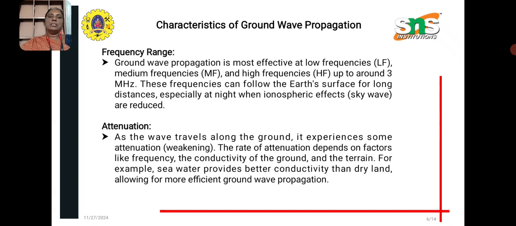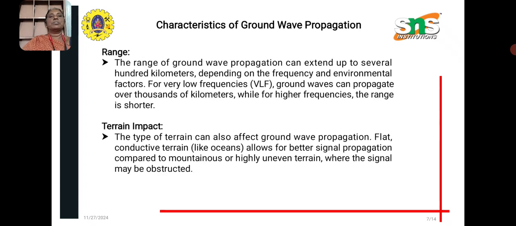Second, attenuation. As the wave travels along the ground, it experiences some attenuation. We know attenuation is a reduction in the signal, and the rate of attenuation depends on factors like frequency, conductivity of the ground, and the terrain. For example, seawater provides better conductivity than dry land, allowing for more efficient ground wave propagation.